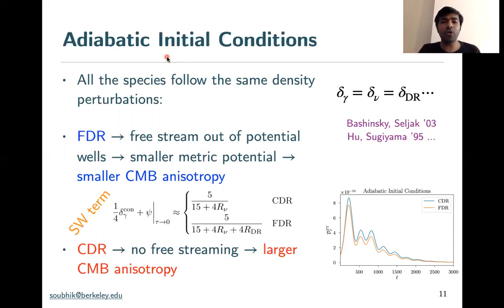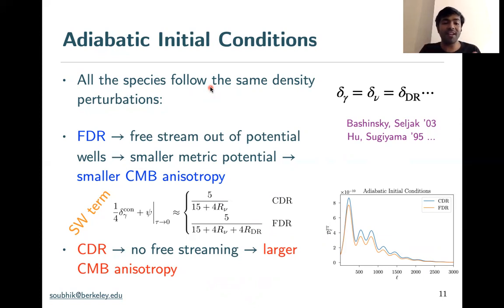Now, this case is well known. Here, because of the adiabaticity, all the species follow the same density perturbations, say from the inflaton. But then what happens for FDR is that because of free streaming, FDR streams out of gravitational potential wells. And as a result, the metric potentials become smaller in magnitude, and in turn, they source smaller CMB anisotropies.